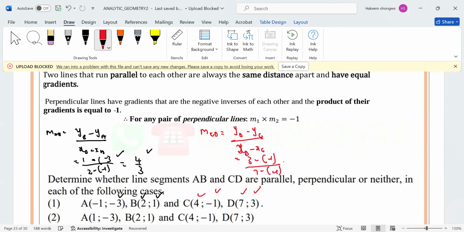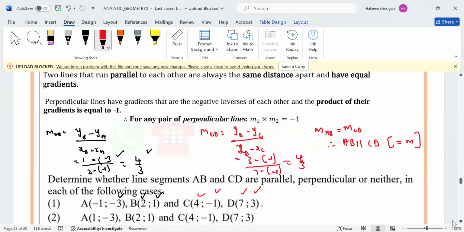It's 4. And what you get as your answer? 4 over 3. Now we can clearly see that M of AB is equal to M of CD. Therefore, line AB is parallel to line CD because they have equal gradients.